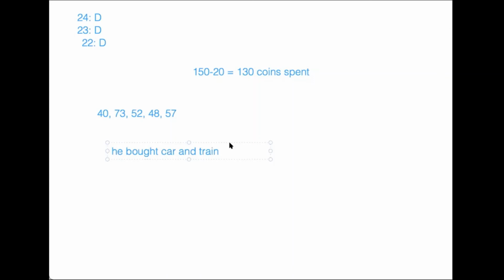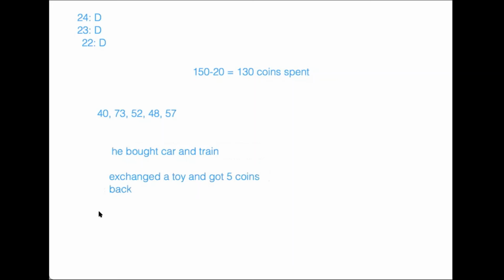Then he exchanged one of the toys with the shopkeeper because he changed his mind, and they received 5 more coins back. So he exchanged a toy and got 5 coins back.